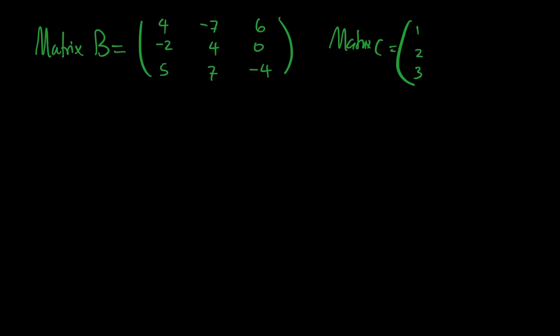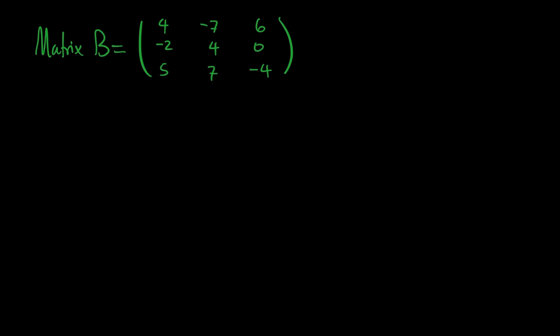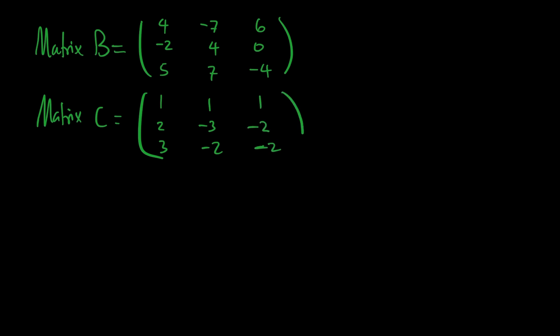Let me just do it below that one here, I think it's too far away. So let's say we also have the matrix C like that. You have 1, 2, 3. You have 1, -3, -2. You also have 1, -2, and -2 like that.